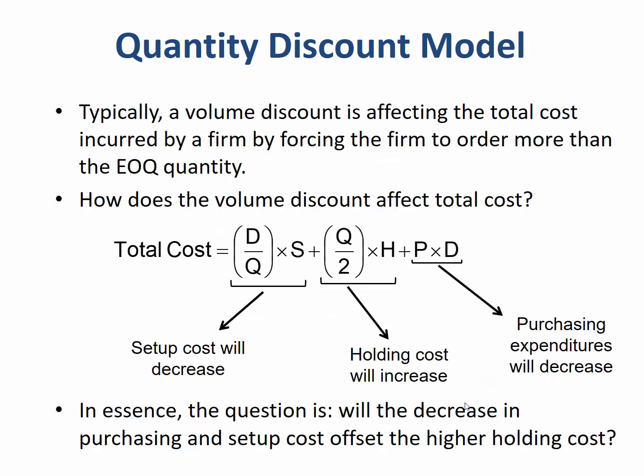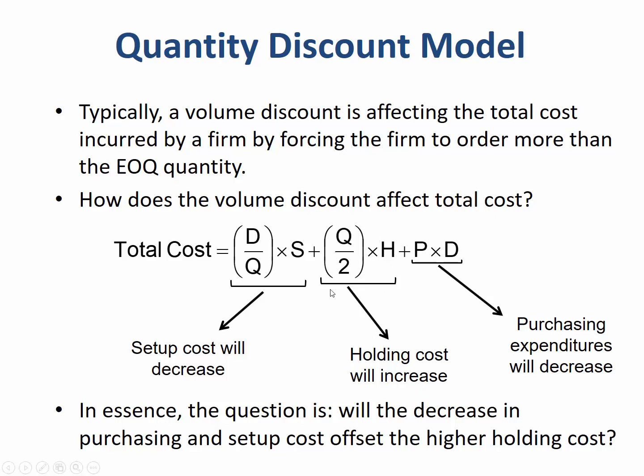In fact, if we look at this equation and wonder what is going to change if we are getting a quantity discount, what you should expect is that the price multiplied by demand is going to decrease because you're going to receive some kind of discount here. Now, because you're purchasing a higher volume of items, your holding costs are going to increase.